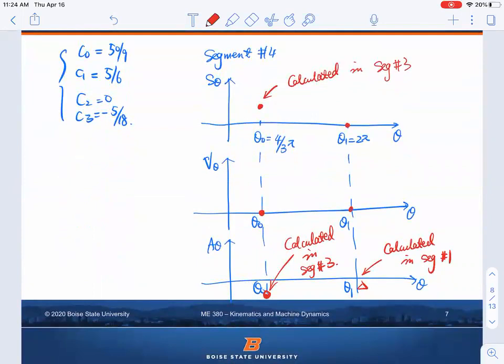Okay, so here you can directly get 3 boundary conditions from the problem description. And then the remaining 3 boundary conditions can be calculated from other segments because, as mentioned before, one of the crucial design requirements is that your S, V, A, and J should be continuous.